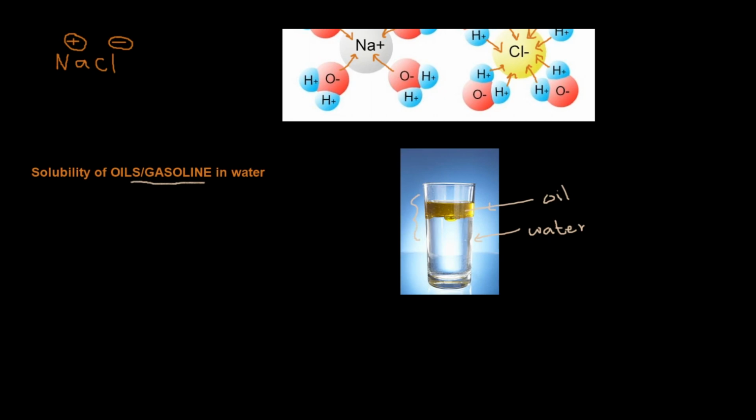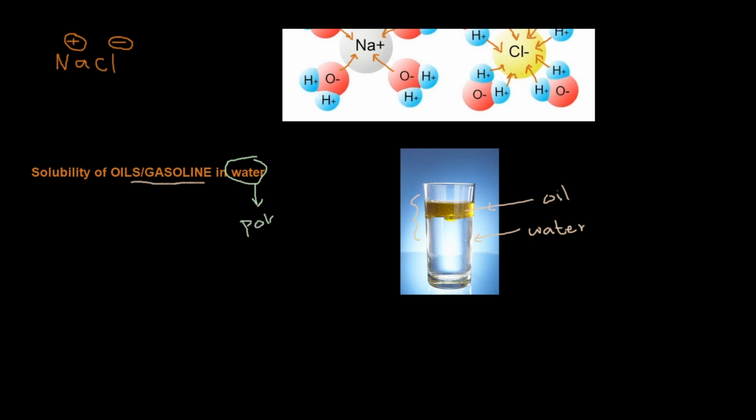Look into the nature of gasoline and oil molecules. Gasoline and oil molecules are non-polar in nature. The attraction between a water molecule and an oil or gasoline molecule is very weak. So these liquids are insoluble in water. But gasoline and oil, which have similar non-polar molecules, are soluble in one another.